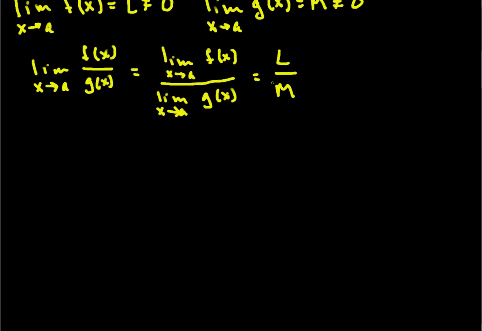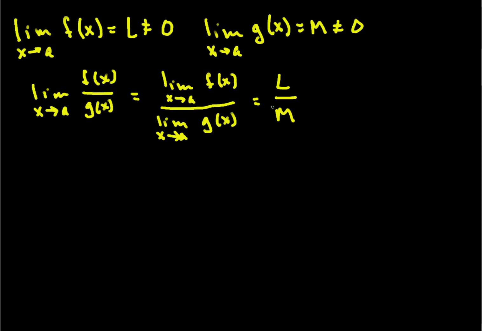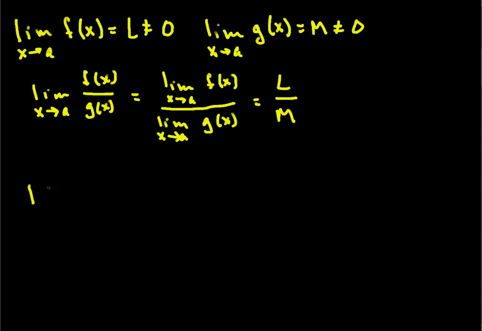On the other hand, problems arise if m is 0 and L is not 0, then we can't use this business because g of x is infinitesimal.